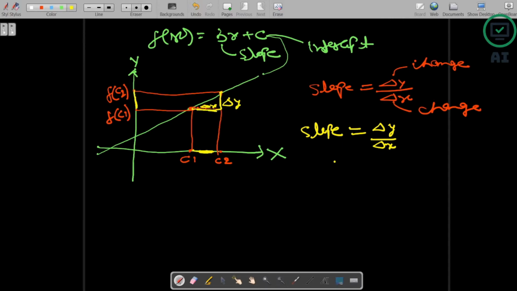When we write delta y, delta y is the function of c2 minus the function of c1. And what is delta x? Change in x.